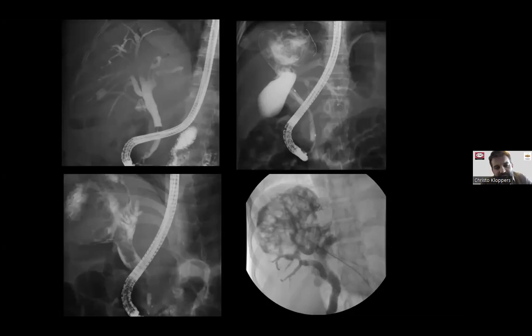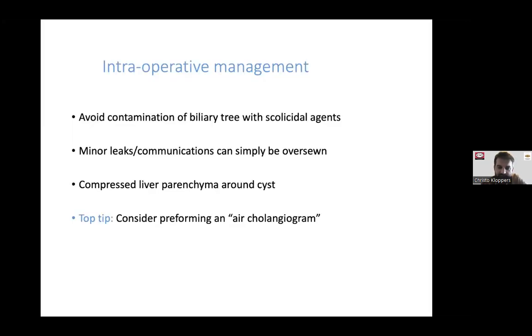In other words, like that top left one, you need occlusion, you need a balloon to opacify it, or you need the intrahepatic ducts to fill first before you see the leak. So that's a low grade leak, and a high grade leak would be one that opacifies on imaging before the intrahepatic ducts or without the occlusion, like the bottom one. You just inject contrast and you'll see contrast extravasation.